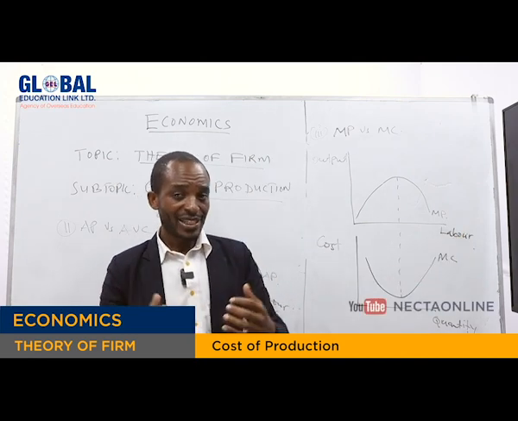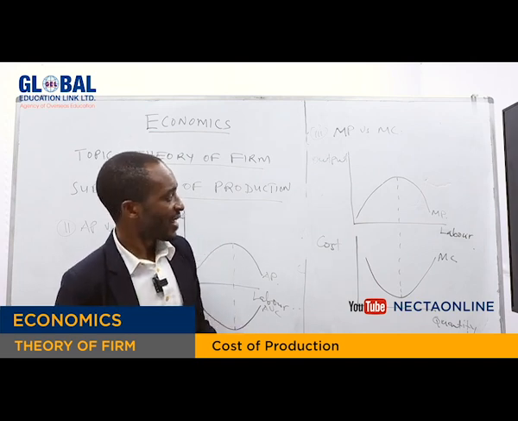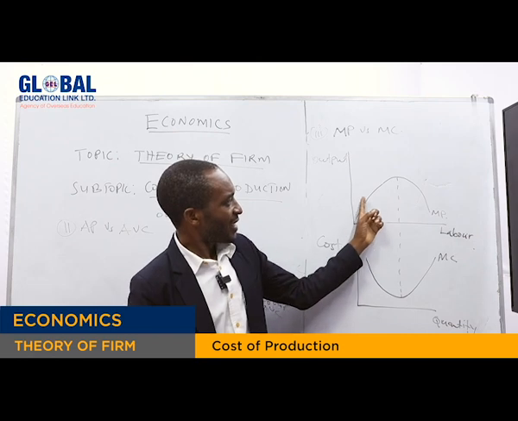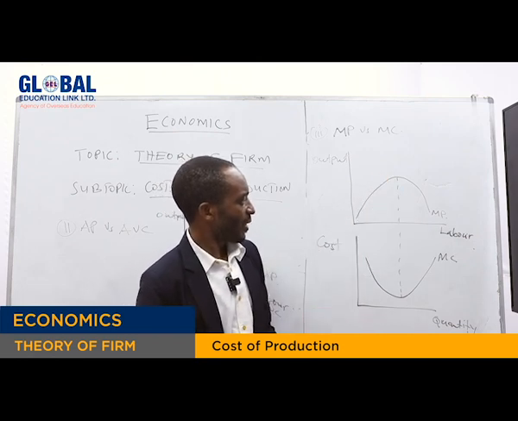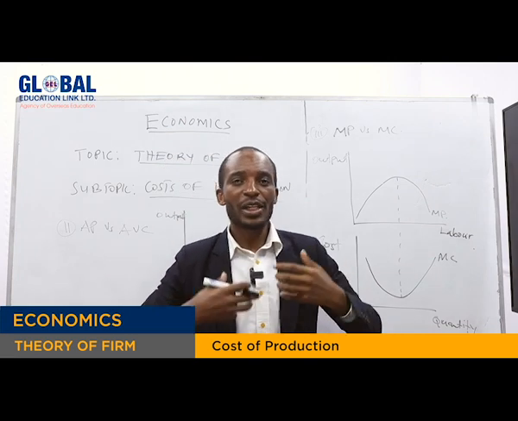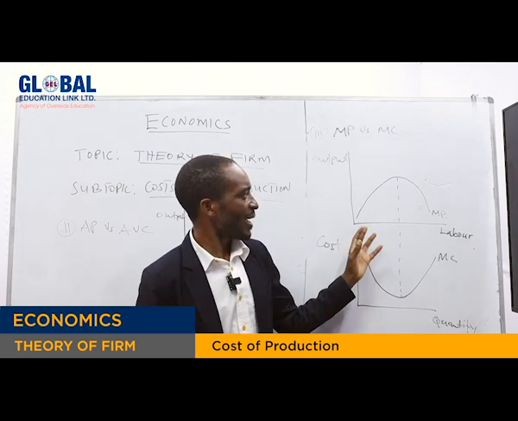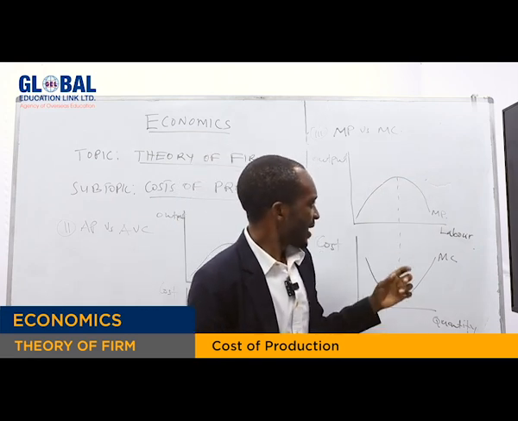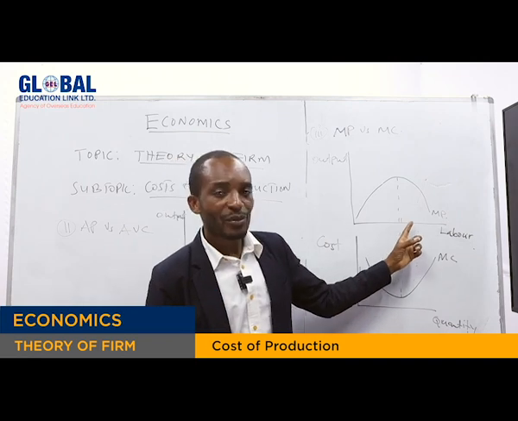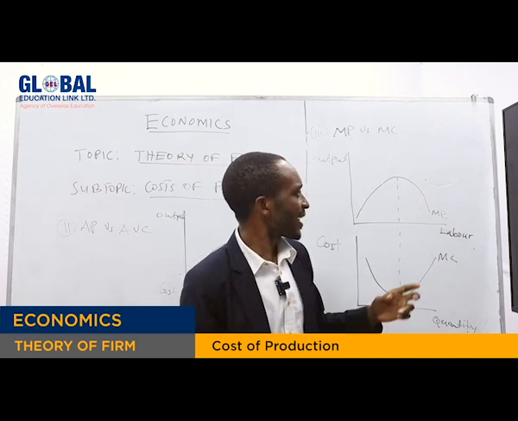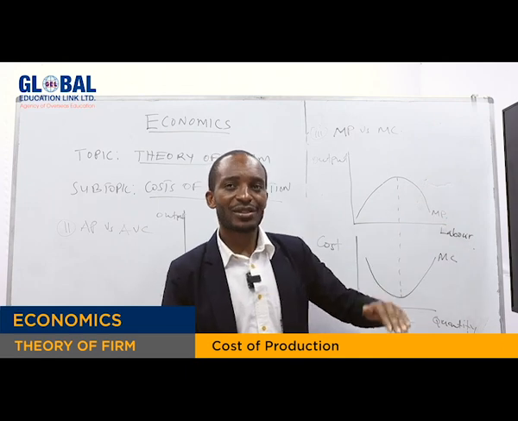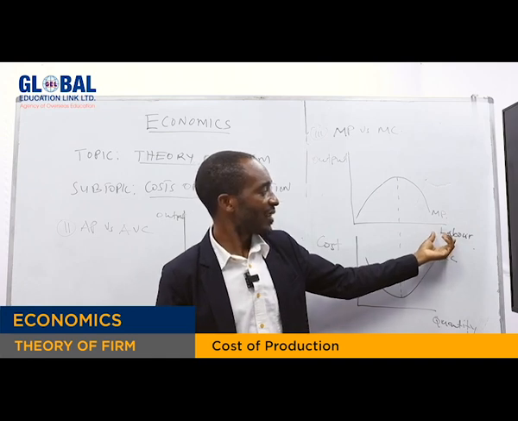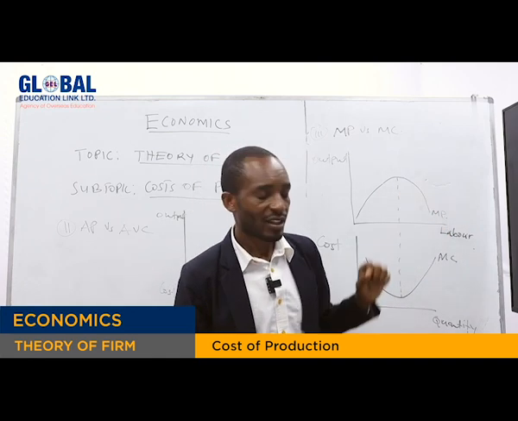Now, if you are the owner of a business, you can decide: if the marginal product or the additional output is increasing, there is an advantage in employing more units of labor, since the additional output is increasing. Now, when you add more units of labor or inputs and the marginal product starts to decline or goes negative, you need to stop or reduce this in order to avoid making a loss.